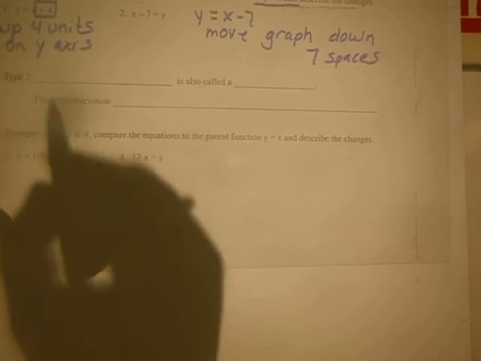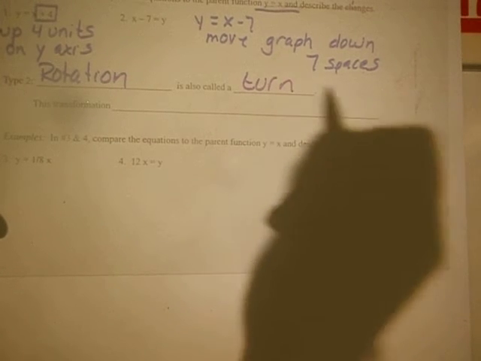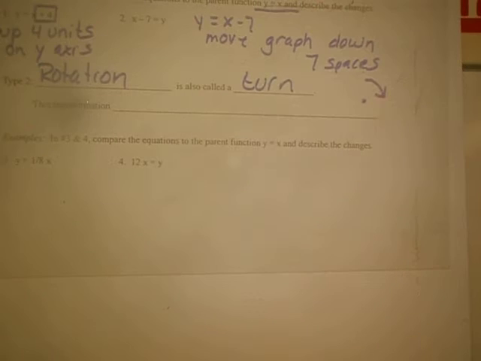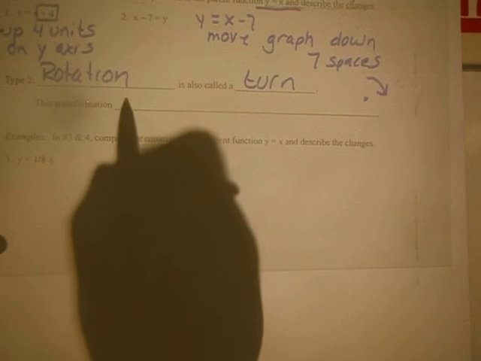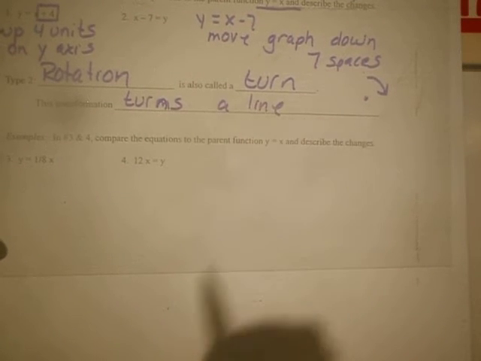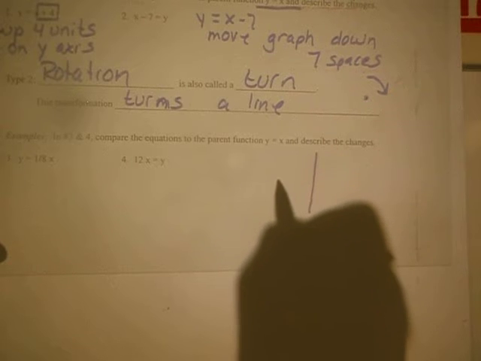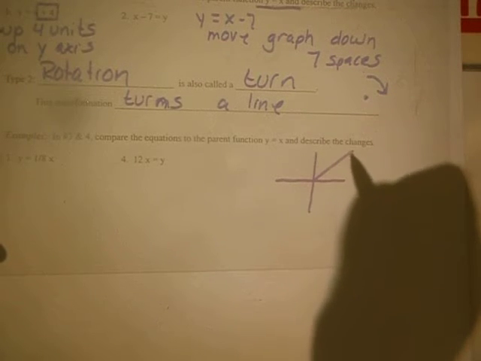The second type we are going to look at is a rotation, or turn. I'm going to put a point right here and a curved arrow that shows a rotation. This transformation turns a line, or rotates a line. If we have the line y equals x, that line is right here.